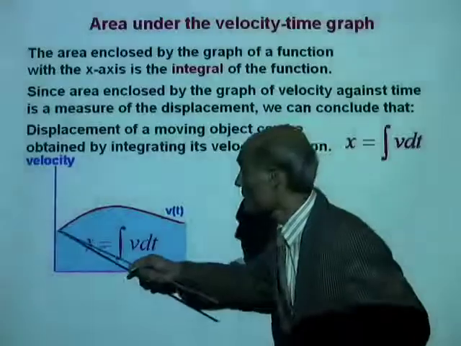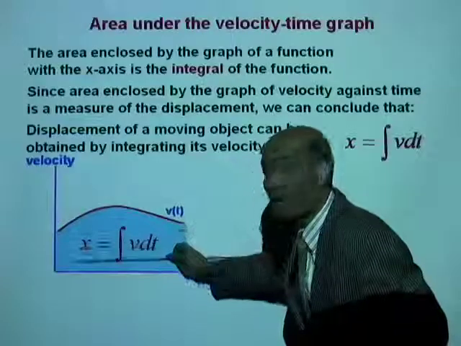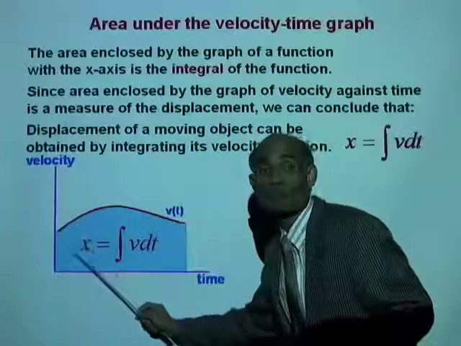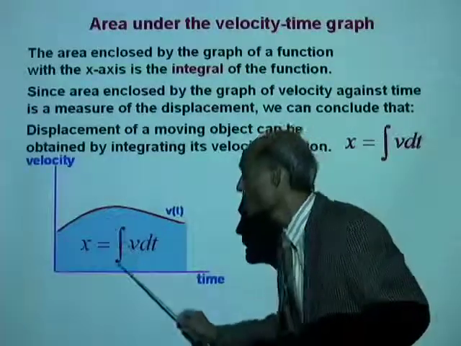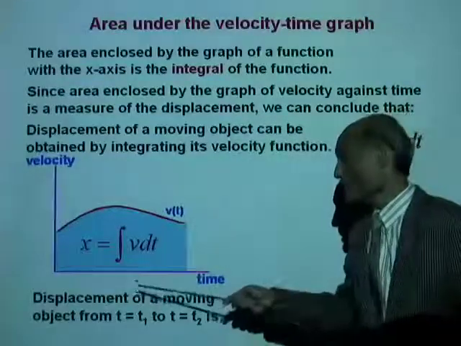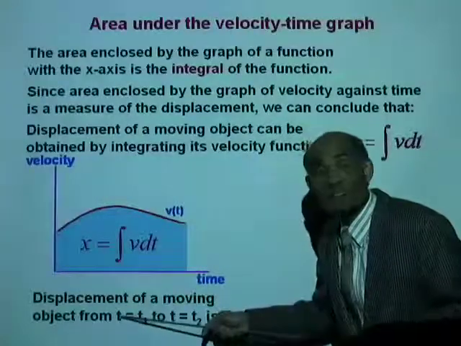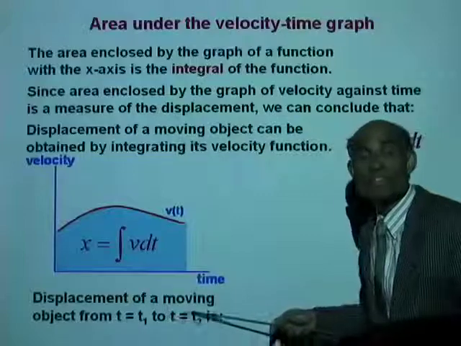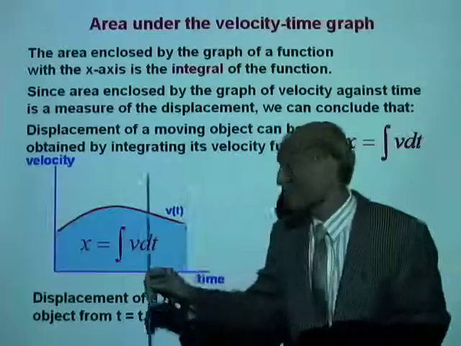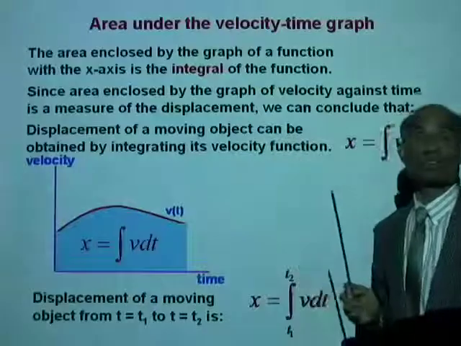In other words, if this is the velocity function graph, then the area enclosed by that graph with the time axis is a measure of the position function. x equal to integral v dt. Now, if you want to find the displacement of a moving particle from a time t equal to t1 to t equal to t2, all you need to do is write a definite integral from t1 to t2 of the velocity function.